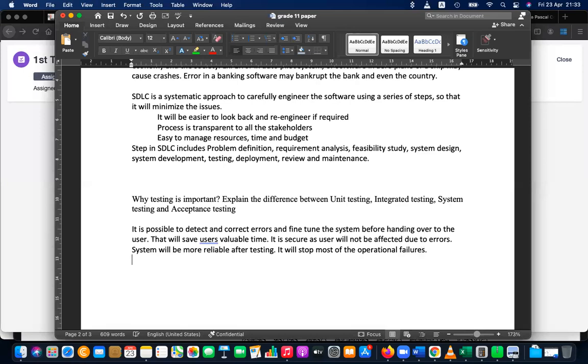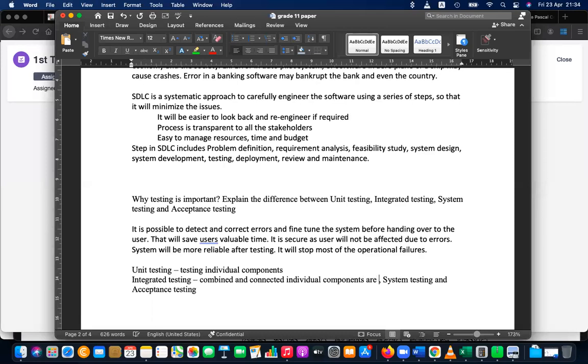Okay, so then it asks what is unit testing, integrated testing, system testing, and acceptance testing. You know that, so I'll quickly tell that. Unit testing is testing individual components. Integrated testing is where combined and connected individual components are tested.